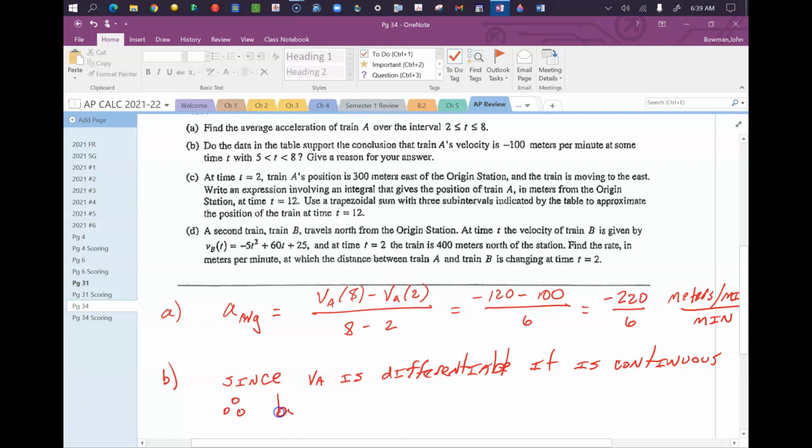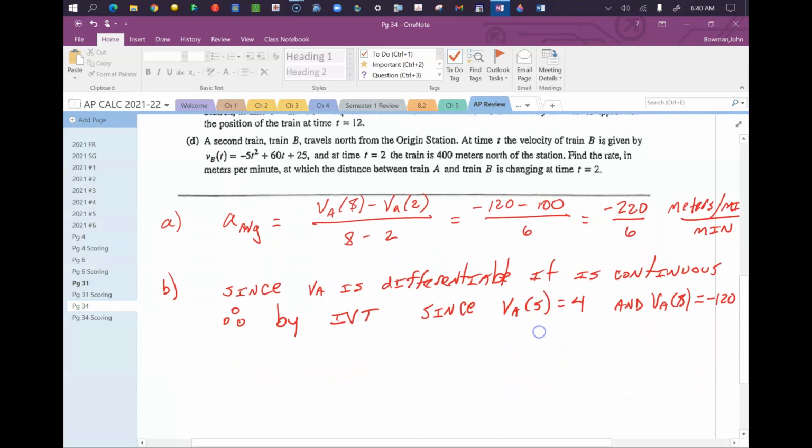Therefore, by IVT, since VA of 5 is equal to 40 and VA of 8 is equal to negative 120, VA of t is equal to negative 100 for some t greater than 5 and less than 8.